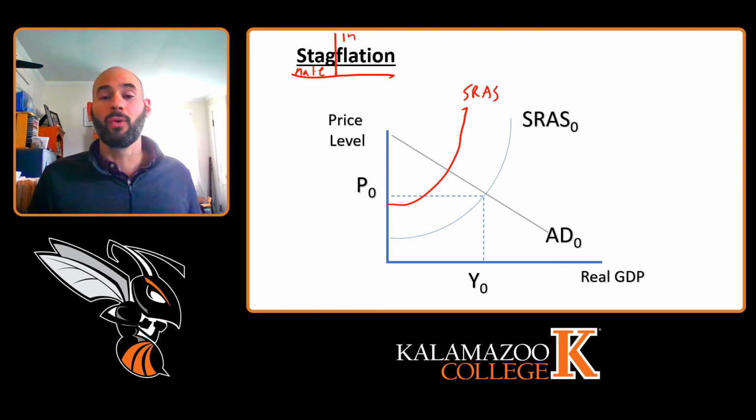And seeing that oil is such a significant input into production in the US, as the price of a primary input into production increased, then we had a decrease in the short-run aggregate supply curve, which then led to a reduction in economic output, as well as an increase in price levels in the economy.